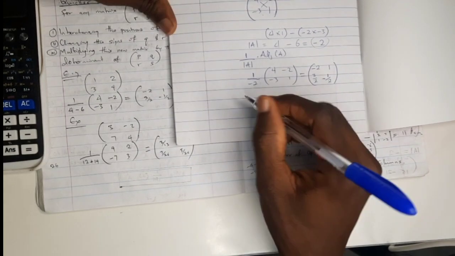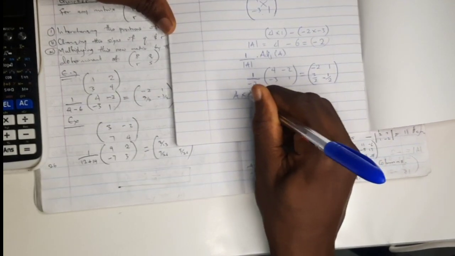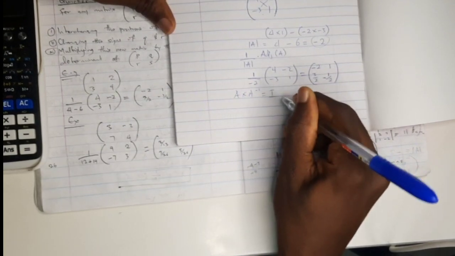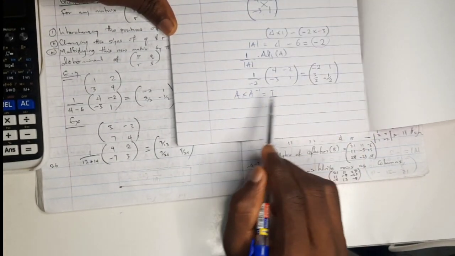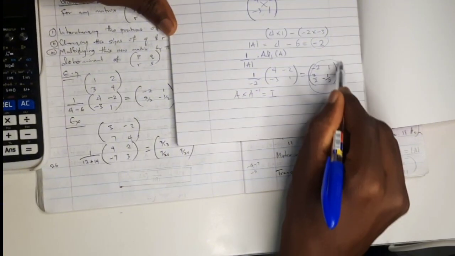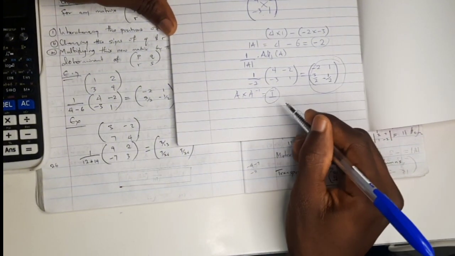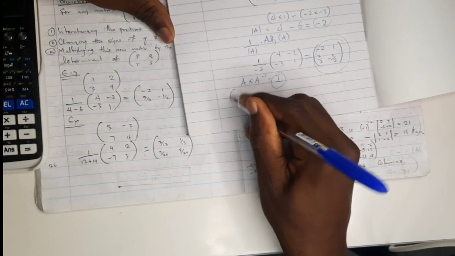And to confirm our answer, to see if it is right, when we multiply this original matrix A by the new inverse gotten over here, we should get an identity matrix. So let's try that out.